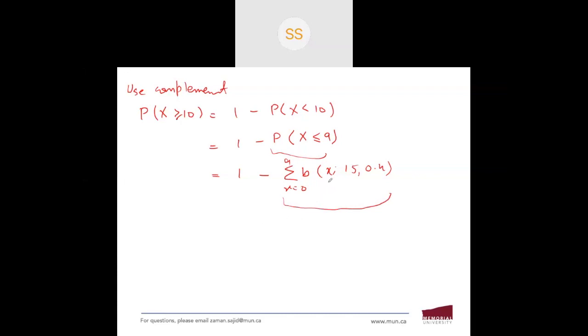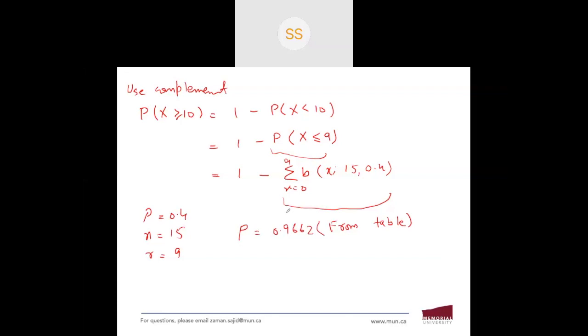Now for this one you can use the table in order to find the answer. So I'm just writing the answer here. My p-value is 0.4. I'm interested in n equal to 15. My r value or x value is 9. When I look on the table for the cumulative distribution, the answer comes out to be 0.9662. This is from the table, okay? When you watch this lecture, you can just pause the video and see from the graph, you will get this answer there.